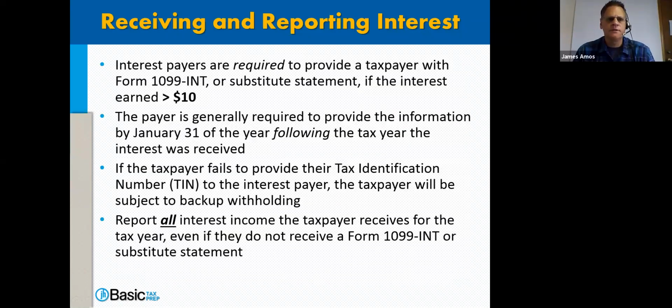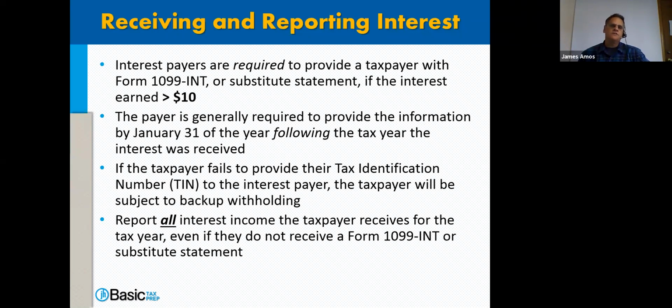Interest payers are required to provide a taxpayer with a Form 1099-INT or similar statement if they earned more than $10. So if they earned less than $10, say a bank that's only paying like a cent a month, you're not going to have enough at the end of the year, and you may not get a statement on this.